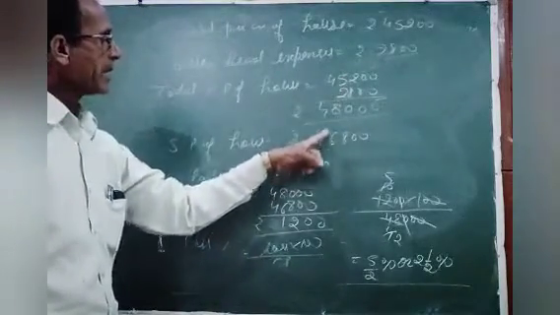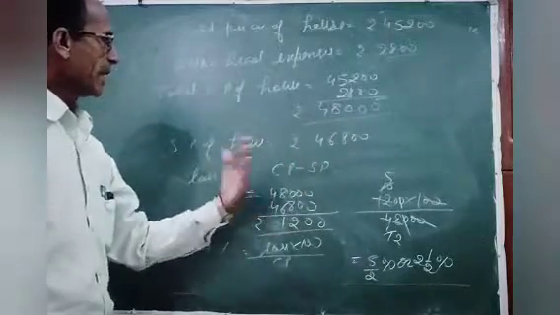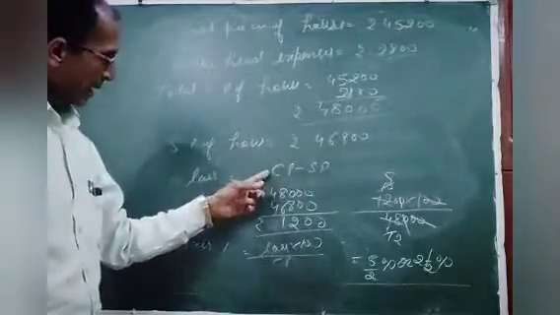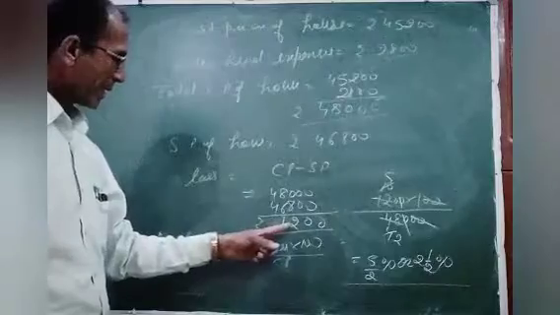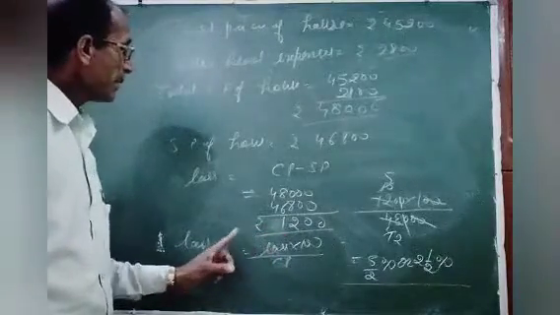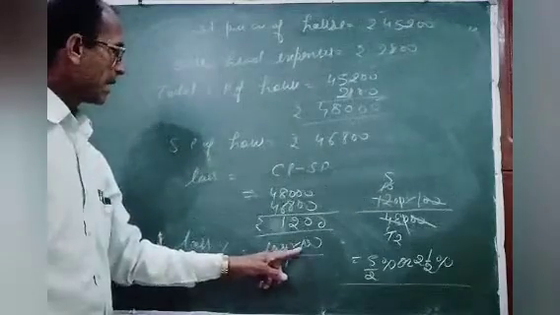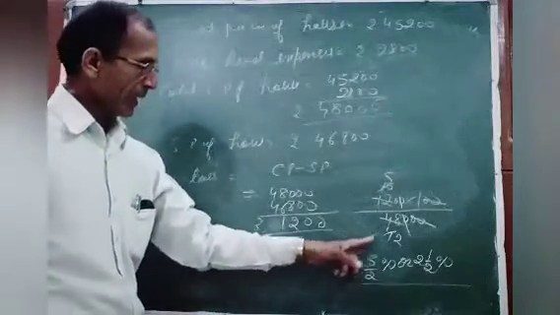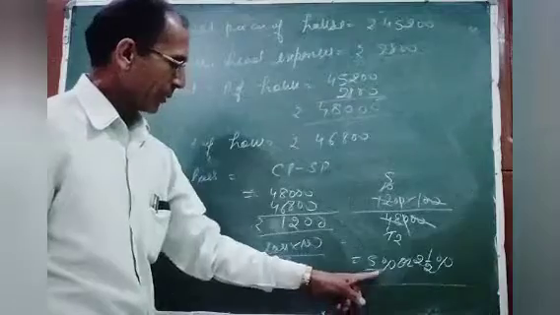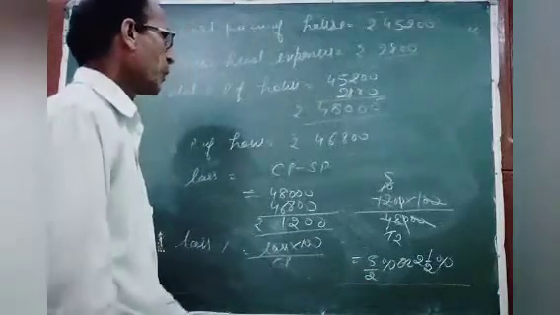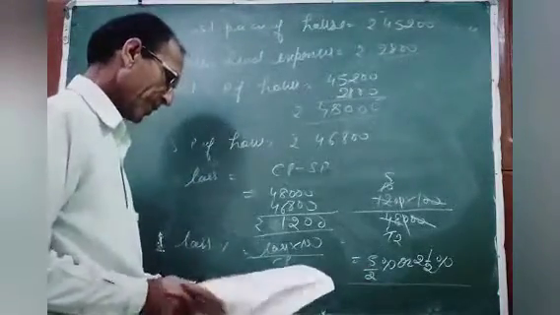Because selling price is smaller than the cost price, there will be loss. Loss is CP minus SP, so loss is 1,200. Now to find the loss percent, the formula is loss multiplied by 100 upon CP. So it will be 5 by 2% or 2 into 1 by 2%. So this is the loss percent.